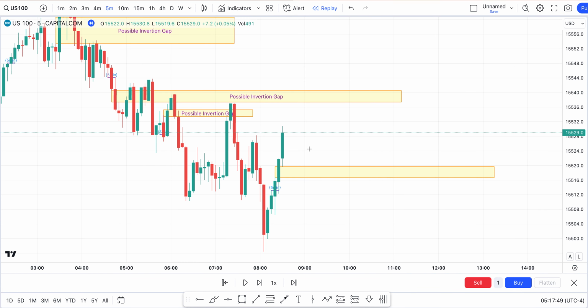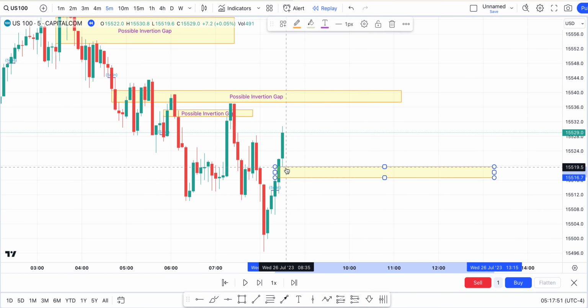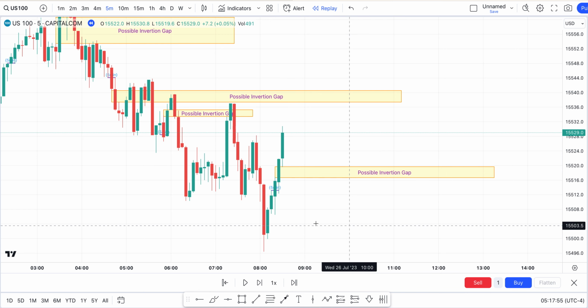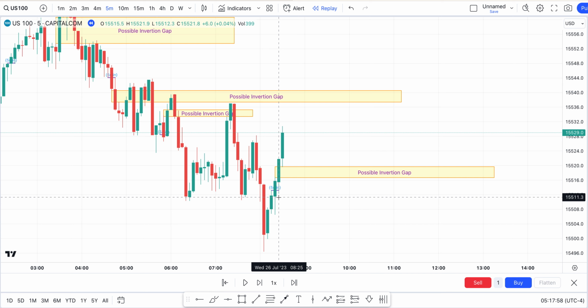it's still not been activated. This is now a new perfection area after the low of this candle gets violated.